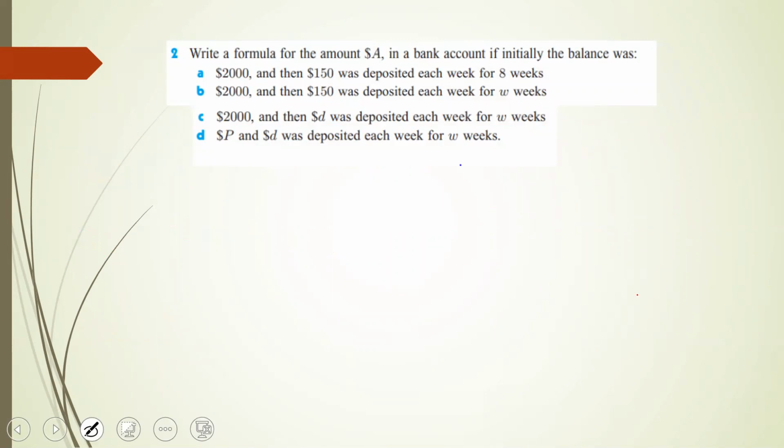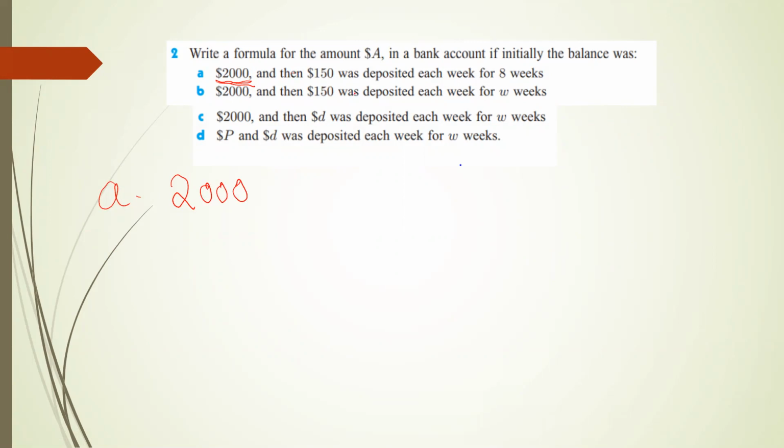Write a formula for the amount A in a bank account if initially the balance was 2,000. So pay attention to that, it means initially. So we're going to start with 2,000 in the beginning of the savings account.